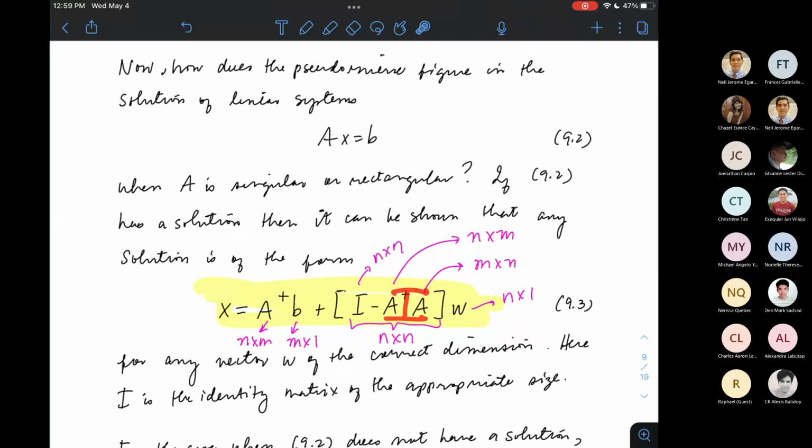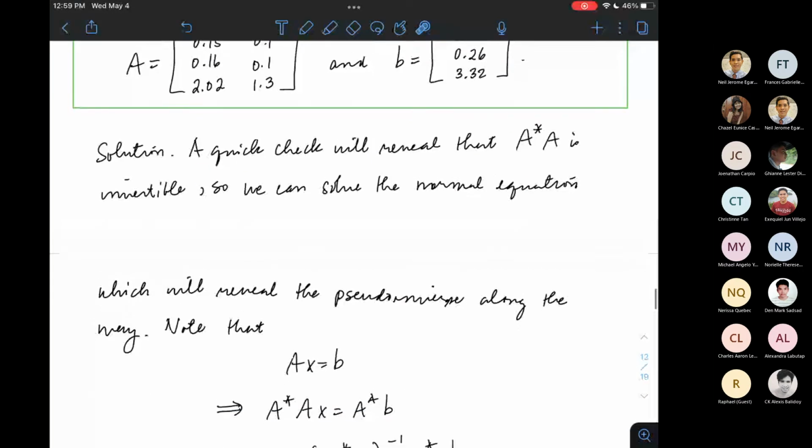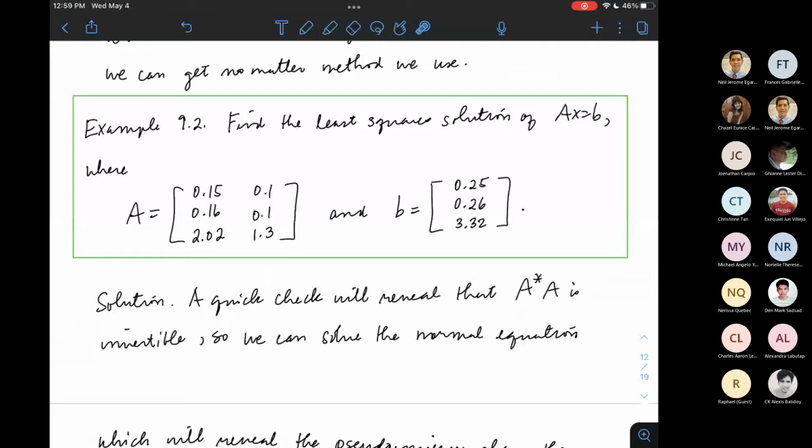Dahil identity matrix na yan, I minus I, this will become the zero matrix times any vector W that will just be equal to the zero vector of the right size. So that means X will be just equal to A pseudo inverse B. Pero sabi natin yung pseudo inverse ay unique. So yung A pseudo inverse times B ay unique. So ibig sabihin, unique yung solution X natin para sa example 9.2. So wala nang ibang solution kundi si 1, 1. All right?